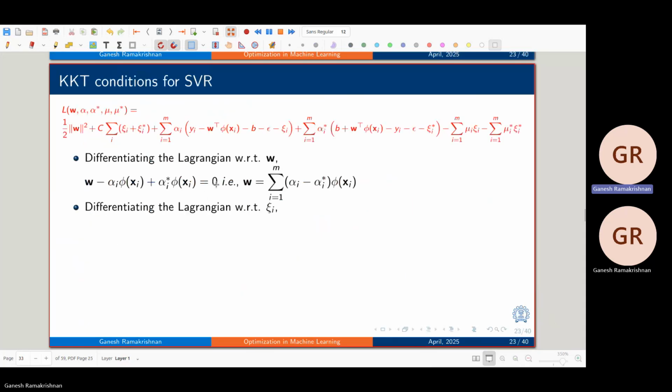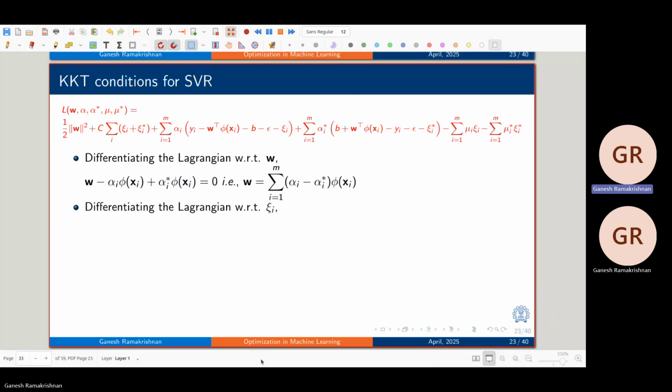If you differentiate the Lagrange function with respect to W, you'll get this, using the KKT conditions as sufficient and necessary conditions. That's the liberty we are taking now. We have applied the first KKT condition: the gradient of the Lagrange function should go to 0 with respect to the primal, which is W. But not just W. I have to differentiate with respect to the Xi's as well, because the Xi slackness variables are also part of the primal.